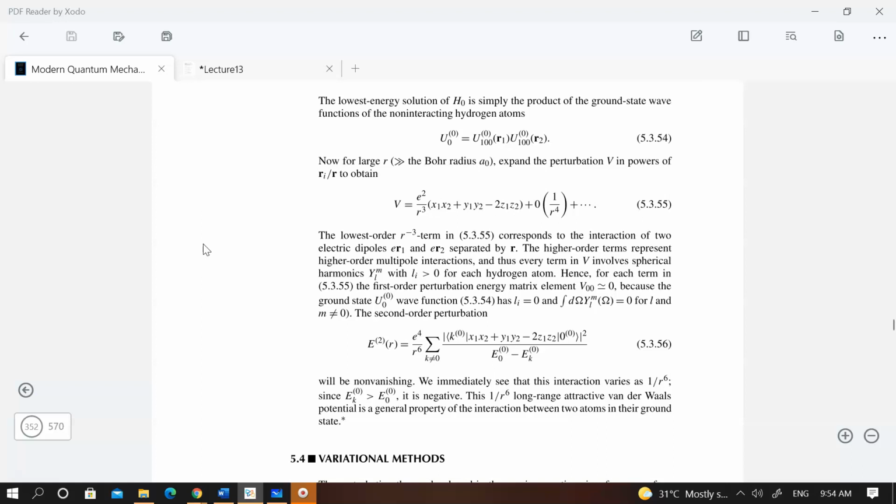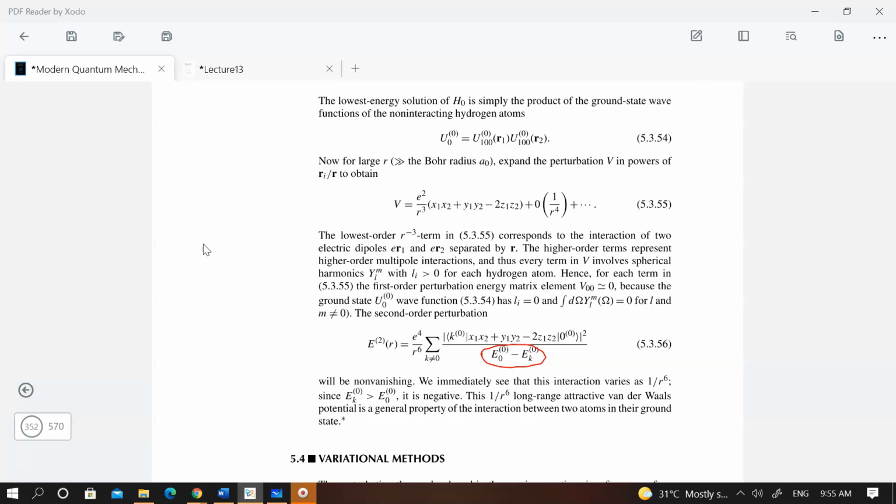So you remember the second order perturbation theory will involve something like this in the denominator, showing the ground state energy minus some excited state energy. So in other words, there will be a contribution coming from the different levels of the energy states.